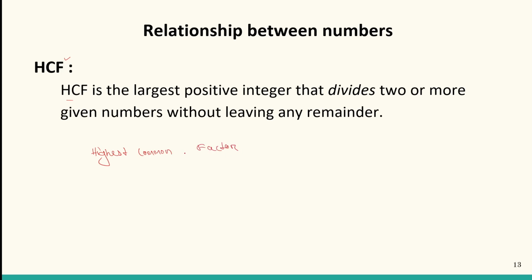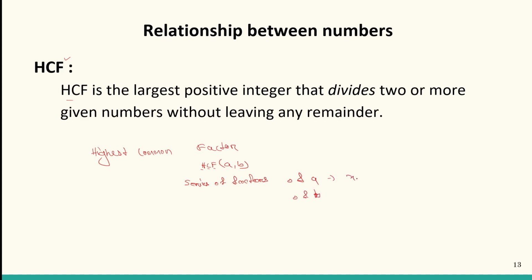Okay, so what we need to do is, if we are asked to evaluate, let's say, HCF of A and B, what we will do? We always try to go from the right to left. First we need to find the series of factors, or the factors of A individually.